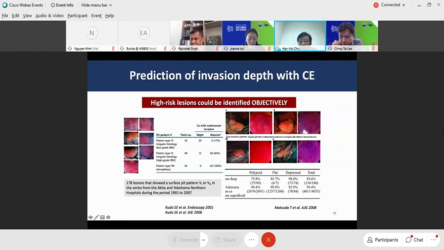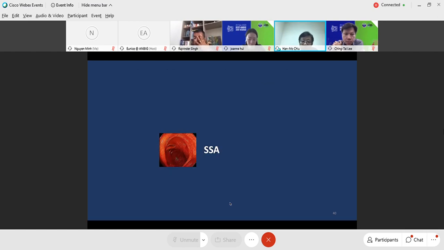And another classification system from the National Cancer Center Japan shows that if the 5I pit pattern is well demarcated, then such a lesion may already have invaded deeply into the submucosal layer.